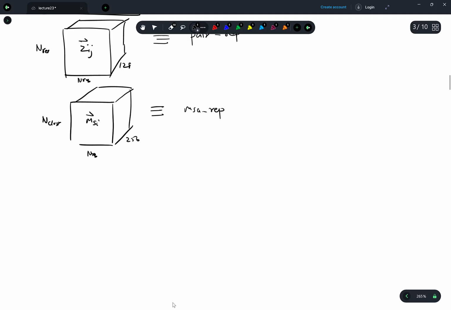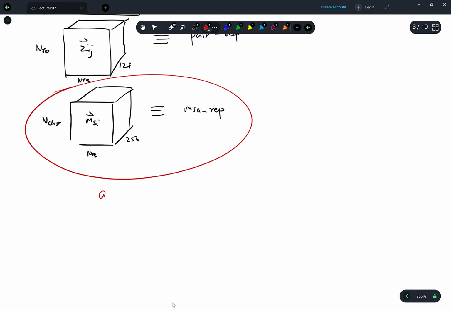On the MSA rep we do what is known as axial attention, which means it's going to be row and column wise, alternating.